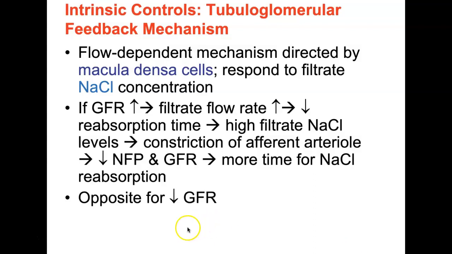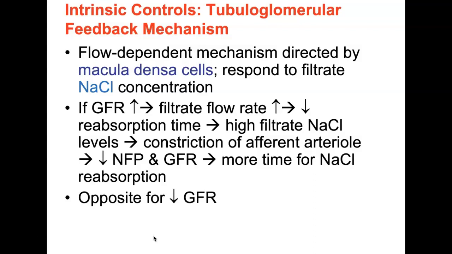In contrast, the low sodium chloride concentration of slowly flowing filtrate inhibits ATP release from macula densa cells, causing vasodilation of the afferent arterioles. This allows more blood to flow into the glomerulus, thus increasing NFP and ultimately the GFR.